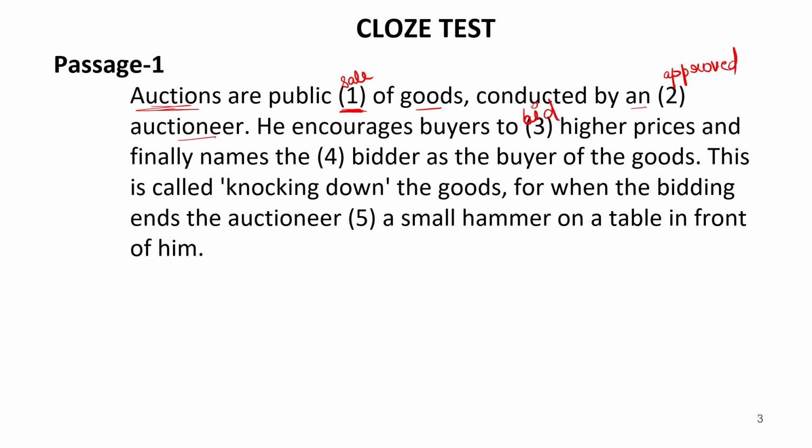Now, this is obvious. If we read the passage, we know something about auction. So, finally, the name of the buyer is called there, and the buyer must be the one who has bid for the highest price.